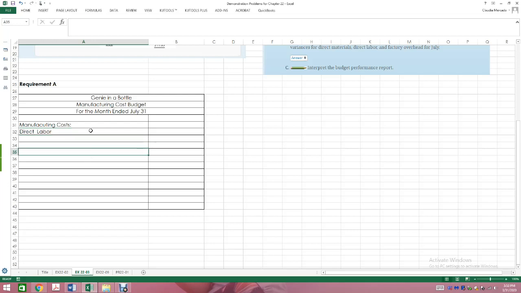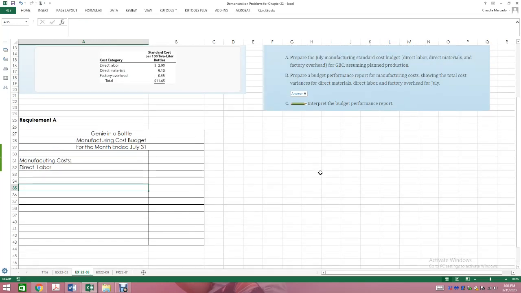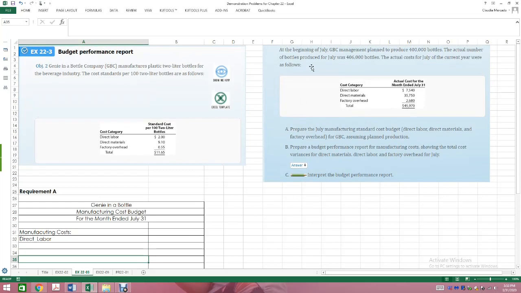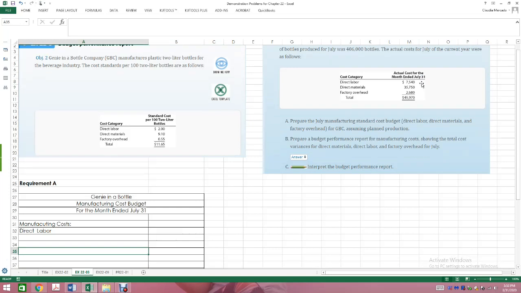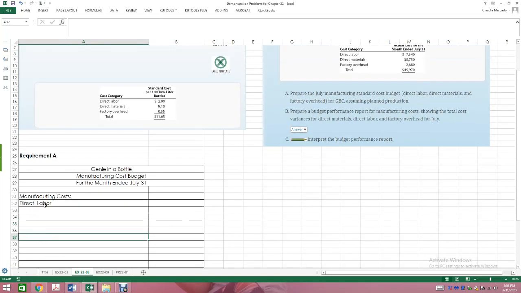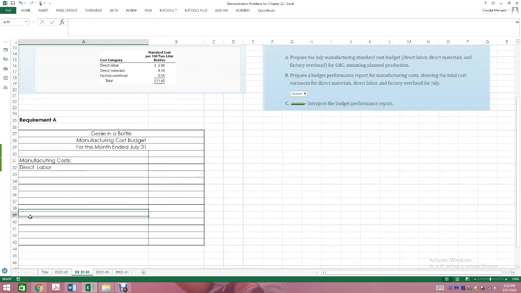Okay. Now, my direct labor. It says here that I'm going to spend $2 to manufacture 100 2-liter bottles. The problem says that we are preparing a standard cost budget. So how many bottles did we anticipate we were going to produce? It says here that we had planned to produce 400,000 bottles. So I'm going to do my calculation for direct labor down here, just so we can have it as reference.